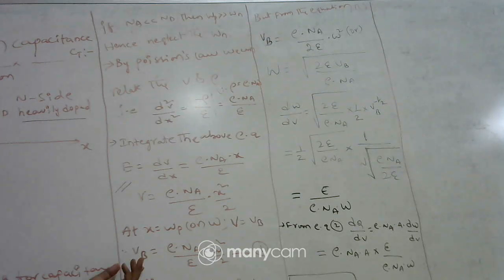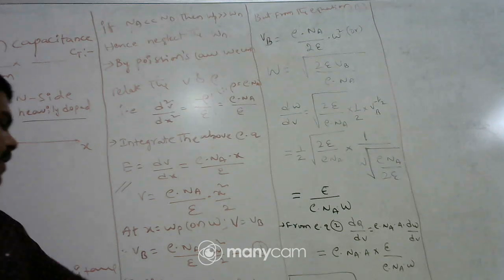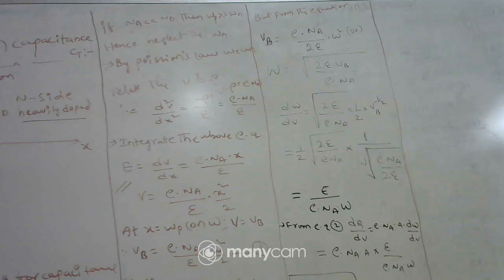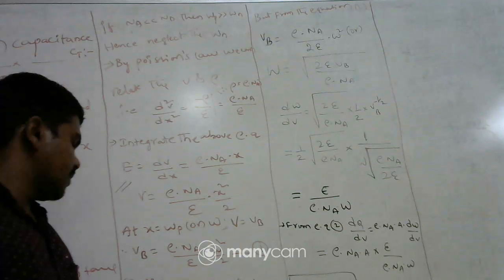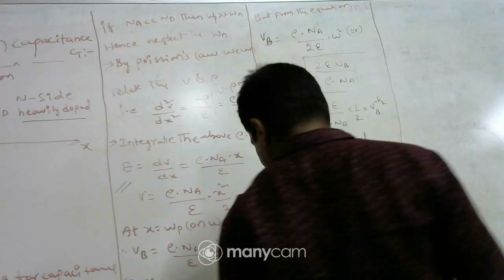Okay, so consider the volume charge of the P region only. Q is equal to resistivity, epsilon, area and width. Apply the differentiation with respect to the width, and this equation will come.